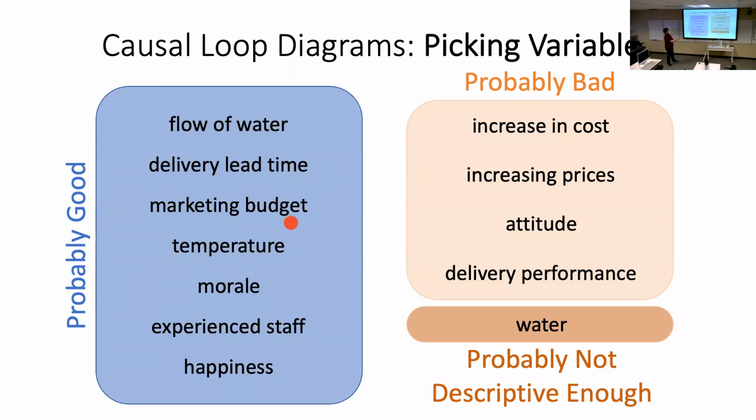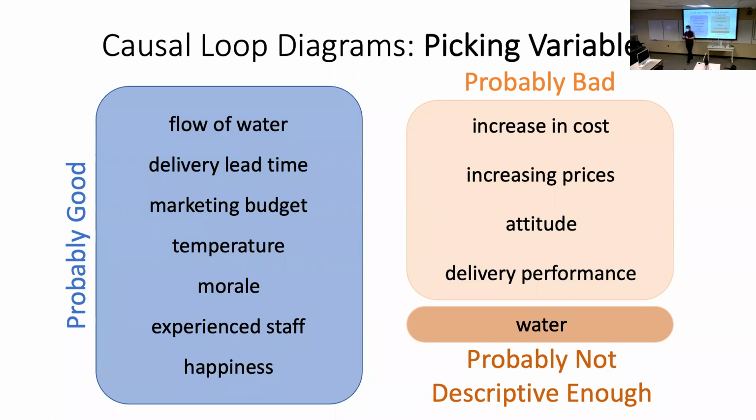Now, these over here, probably bad. There's probably ways that you could justify using these in special cases. But for the most part, they're a little too ambiguous to me or too directional. We talked about attitude already. Delivery performance, that's one that tricks a lot of people up.